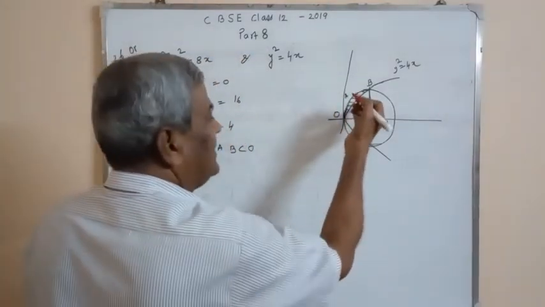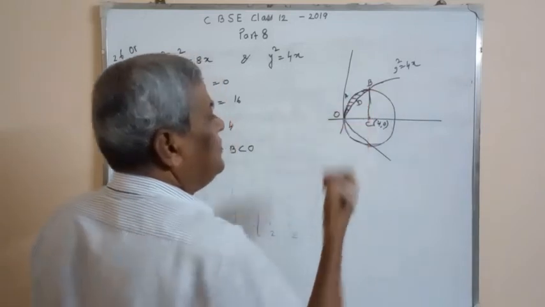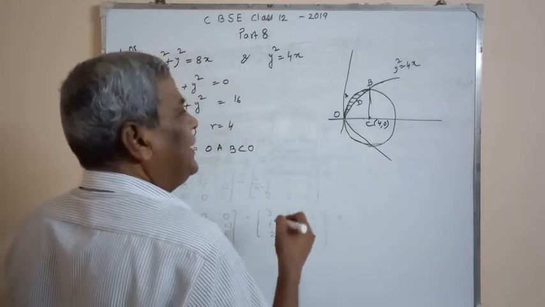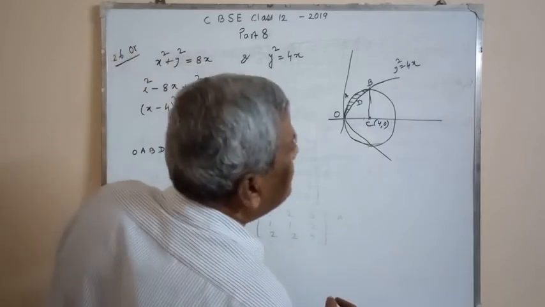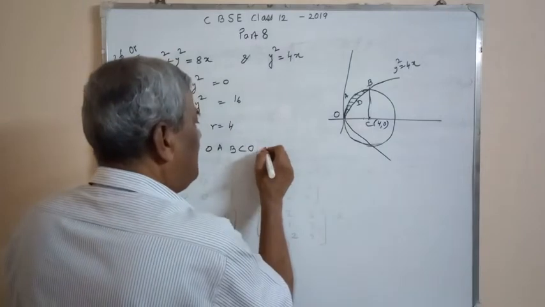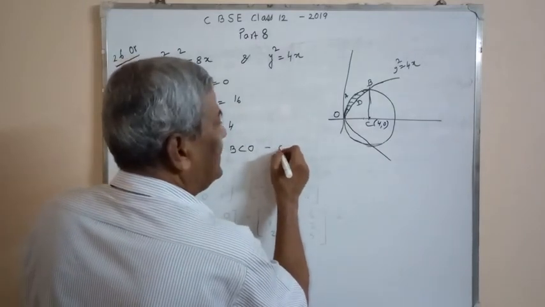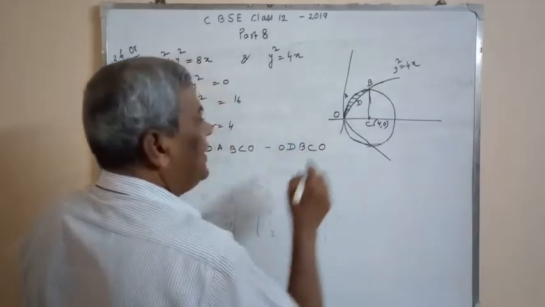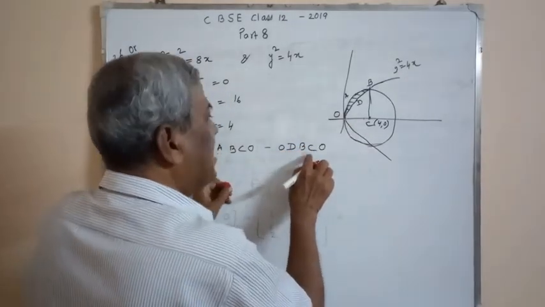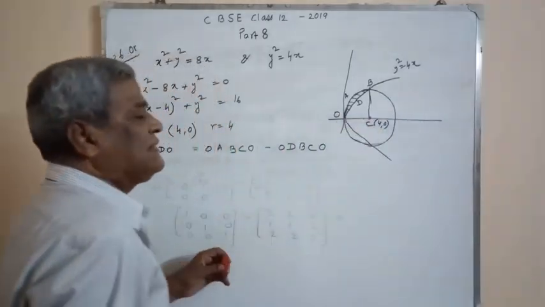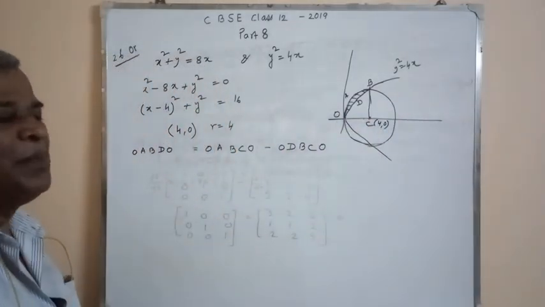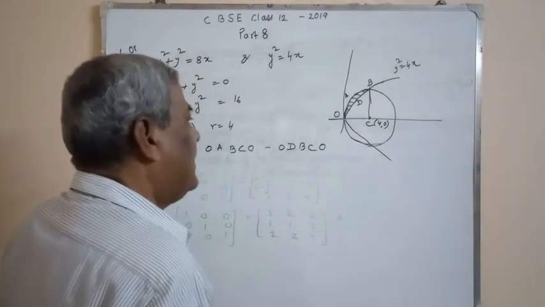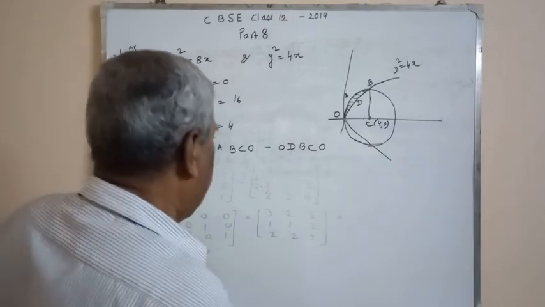But this part, O, D, B, C, O, I have taken extra, so to neutralize it, subtract O, D, B, C, O. In both the regions, OC, that is the x-axis, is the boundary line. So very easily we can find the area by integration.